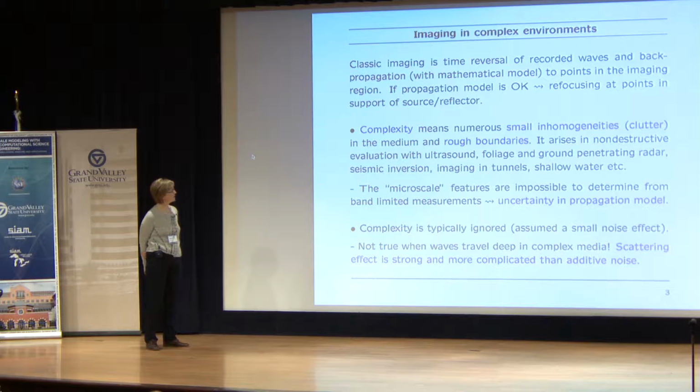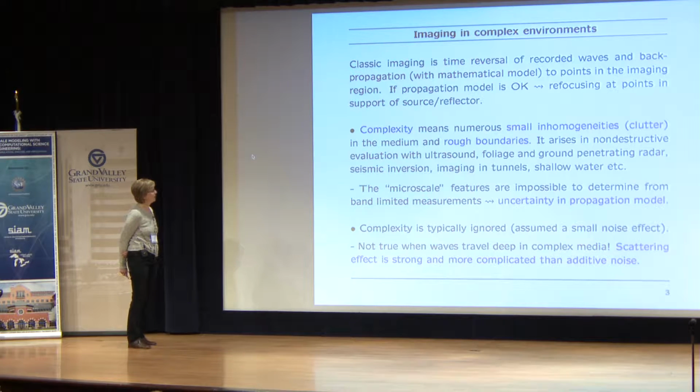Now, this backpropagation is done with a model of the best guess of how the waves propagate through the medium. So this is done with a mathematical model, of course, usually in software.